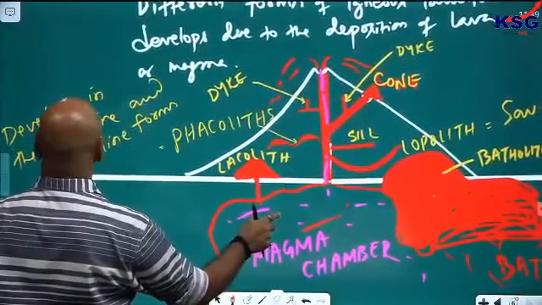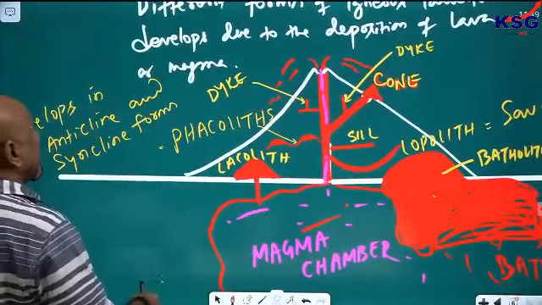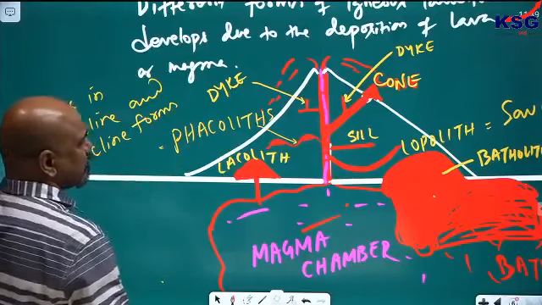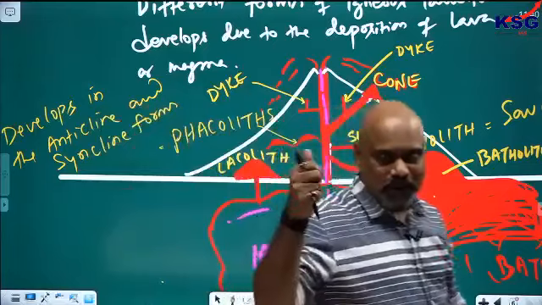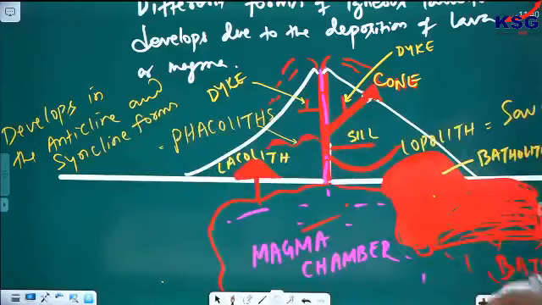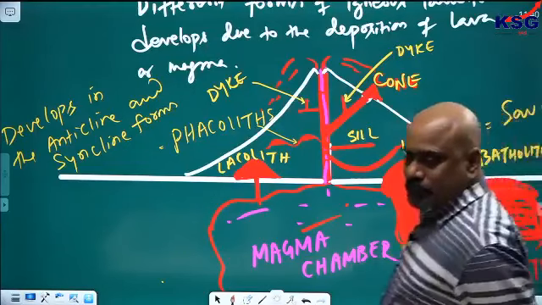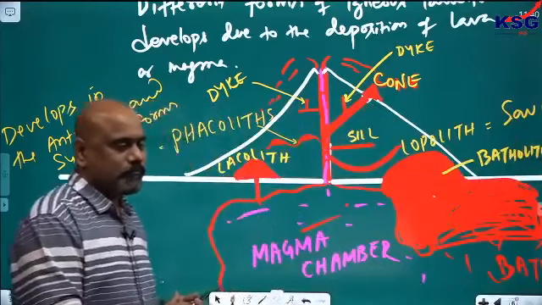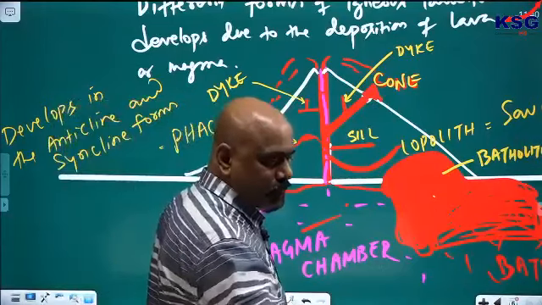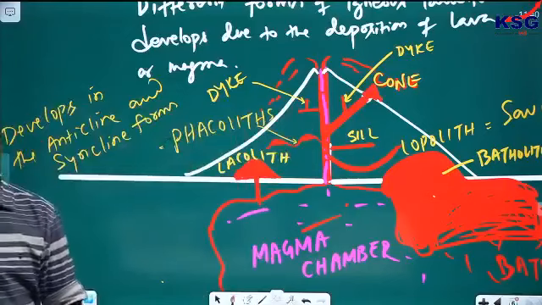Now you can see this develops in the anticline and syncline, I said phacolith. Now it is clear, I think. Done. हुआ कि नहीं बताओ. If it is completed, I will move on to the next. I hope it is done.